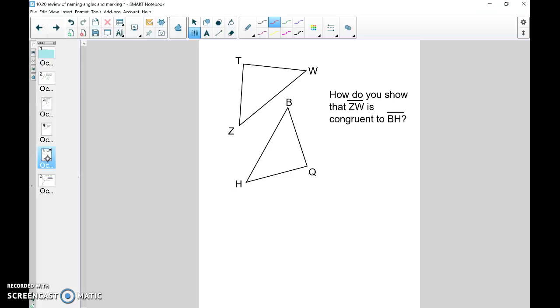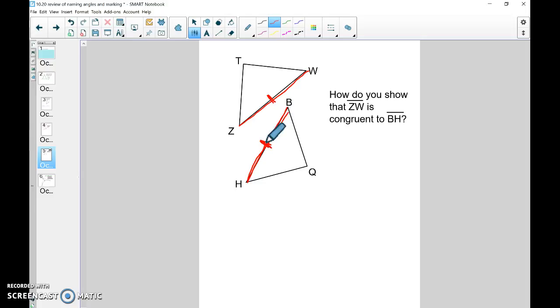Now, how do I do it with sides? Sides, I use tick marks. So if I look at ZW, I know it's a side because there's only 2 letters and it's got the bar above it. So ZW is here. I'm going to put 1 tick mark there. BH is right here. And I'm going to put 1 tick mark there.